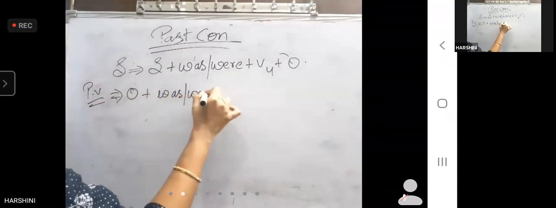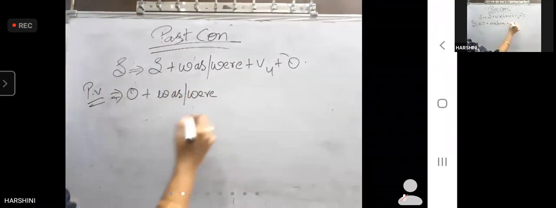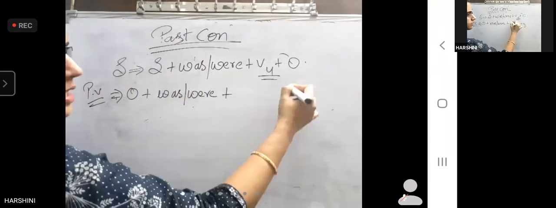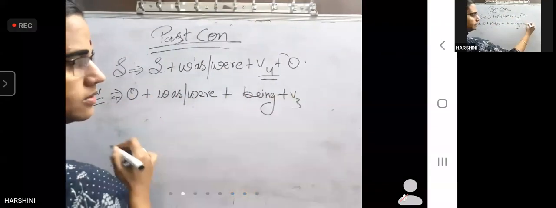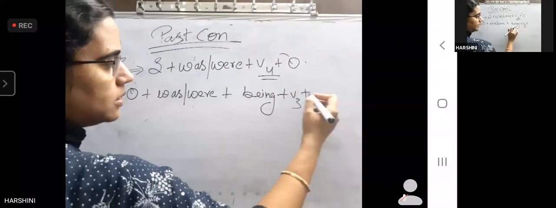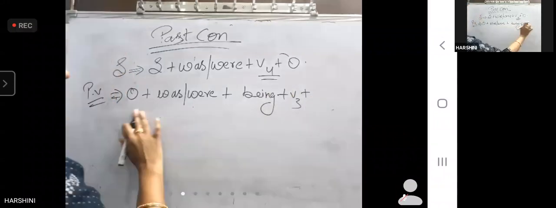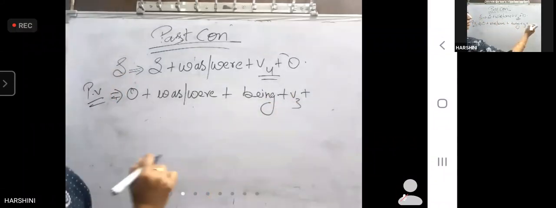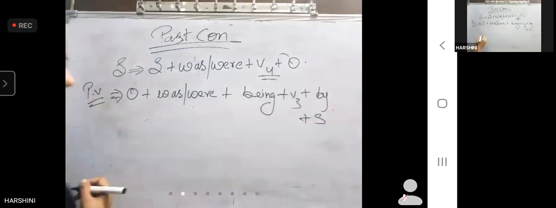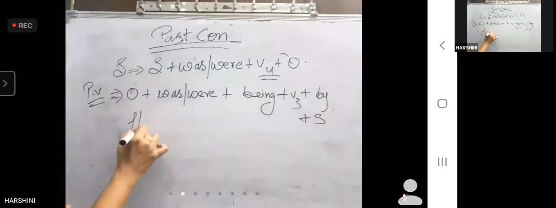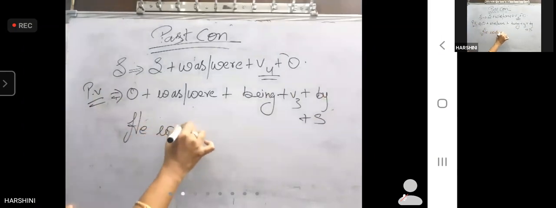Because this is past, we use only was or were. Plus V4 changes to V3, therefore we use this old-fashioned being, special helping verb. See how many, two helping verbs are present. Then by plus subject.